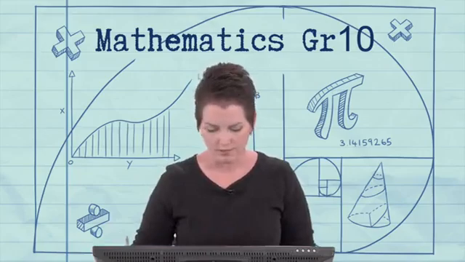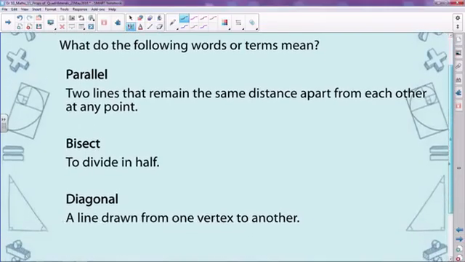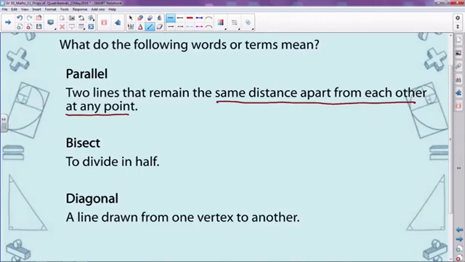The first one is for parallel, and it says 2 lines that remain the same distance apart from each other at any point. I prefer to think of it as 2 lines that will never ever touch each other.